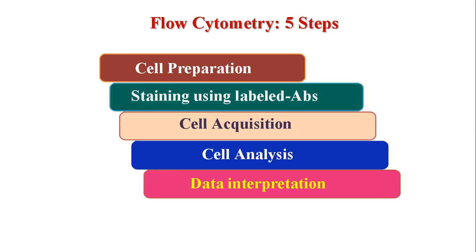So we have to stain the cell using the labeled antibody, meaning the fluorophore-tagged antibody, with the cell. Next step is cell acquisition, meaning we have to perform the experiment. Then we will go for cell analysis and data interpretation. So these are the 5 steps for flow cytometry analysis.